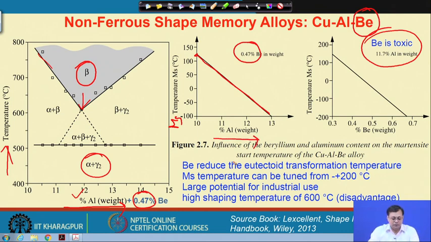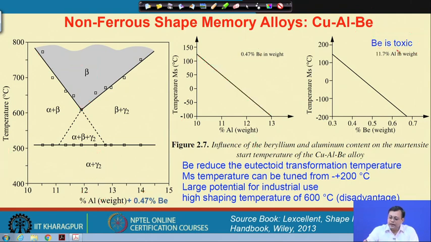If we increase aluminum content, that means if I go in this direction, whereas if I keep the aluminum content fixed, the MS temperature can be tuned from, let us say, something like 200 to minus 200 degree centigrade. This is a huge range. So, if I want something like 0, 0.7% of beryllium will give us something like 0.